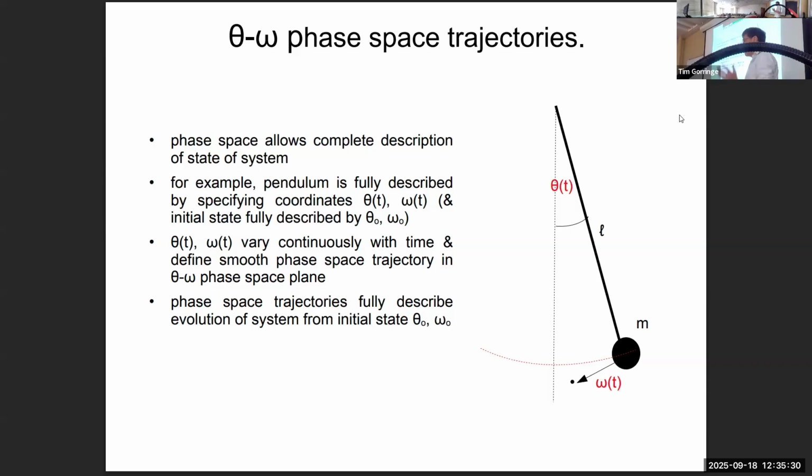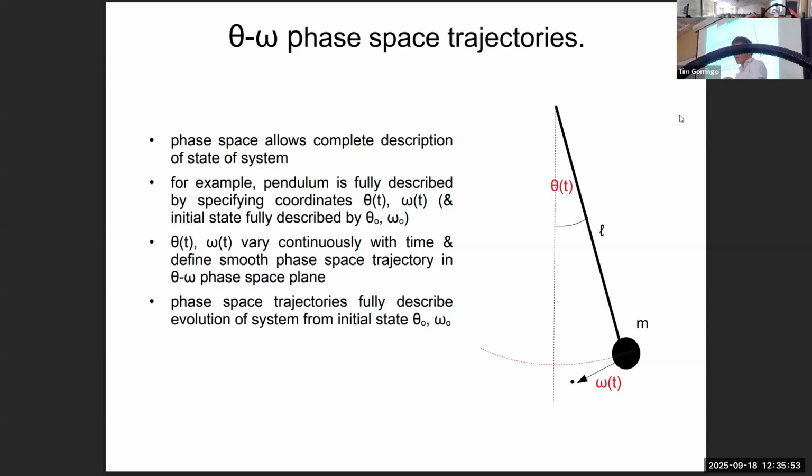So phase space for a damped driven pendulum is a two-dimensional space of theta and omega. And that's the world in which the pendulum lives. That space of theta and omega is the world in which we can plot out the motion of the pendulum. So that's what we mean by phase space.